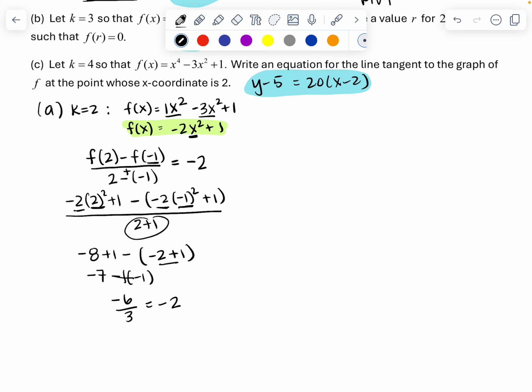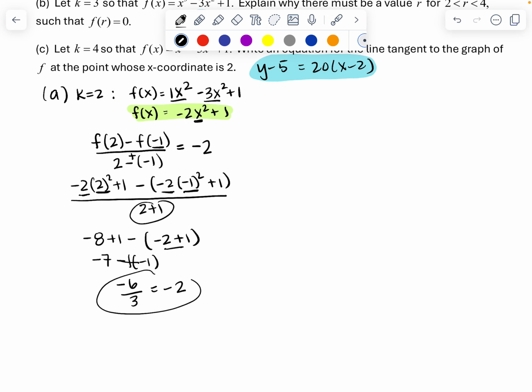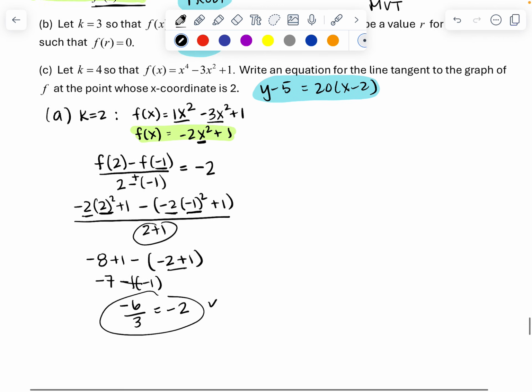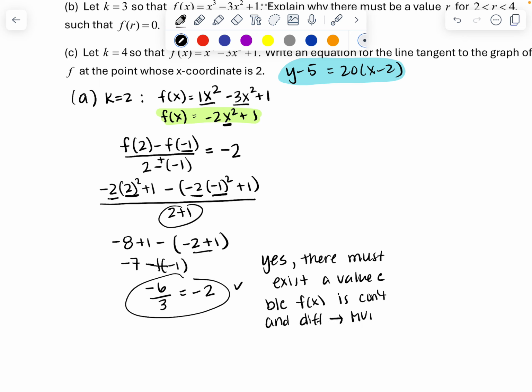But why does it work? This was a check, and you got it to work out. But then you have to say, yes, there must exist a value c because f of x is indeed continuous and differentiable, so mean value theorem applies.